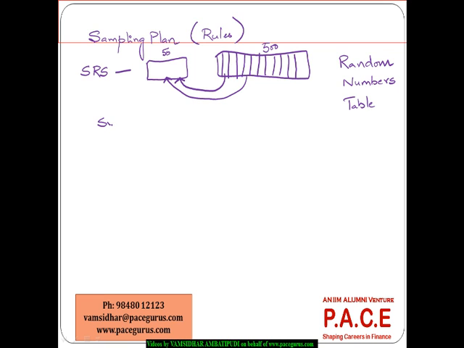But a slightly improved version of simple random sampling is systematic sampling, especially when I'm not able to randomly assign numbers to each one of them and pull the values. What I can very well do is follow a systematic procedure.